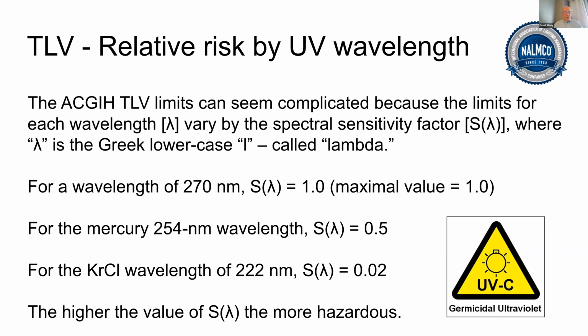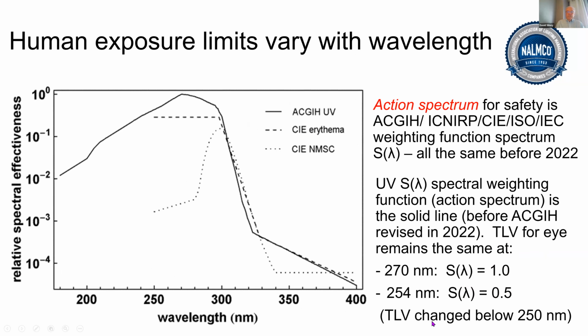That means that you can have a great deal more radiant power in the room and use it safely if you were using 222 nanometer krypton chloride filtered lamps. The higher the value of S lambda, the more hazardous.